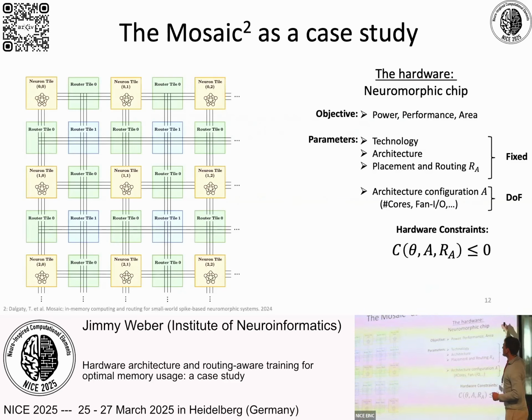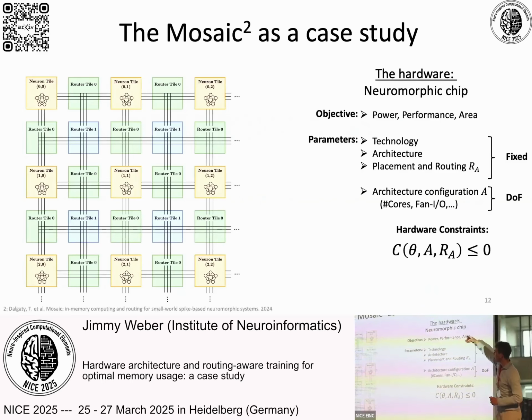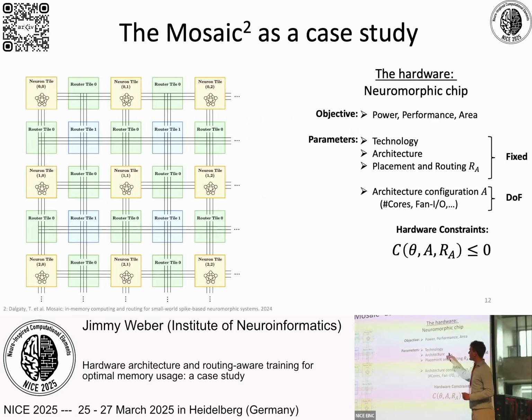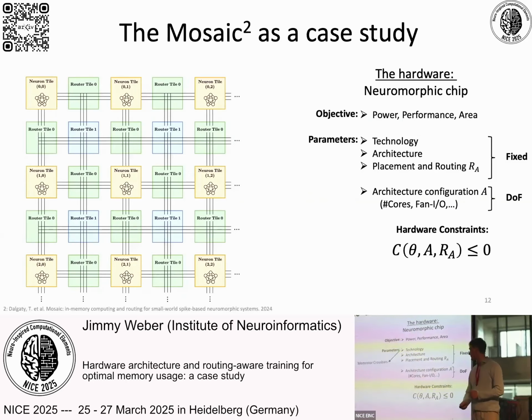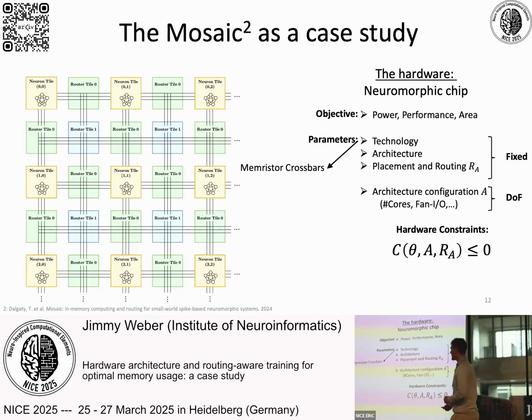As I said, the hardware tries to optimize the PPA. You can make choices on the technology, architecture, the routing, and so on. But the overall point is to respect this constraint. In Mosaic, the technology is memristor crossbars.